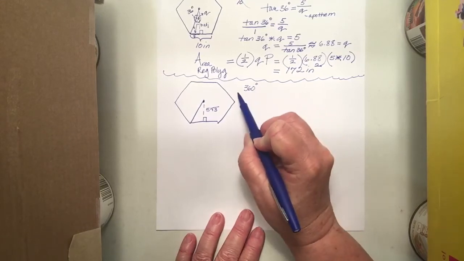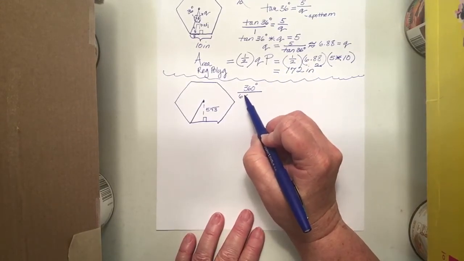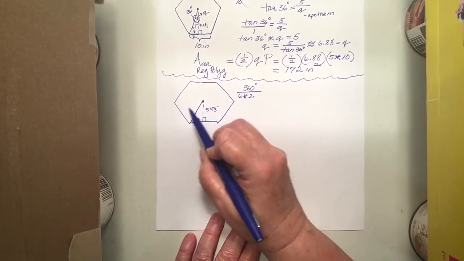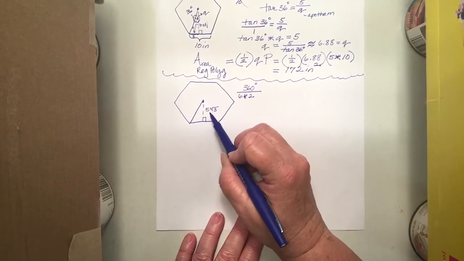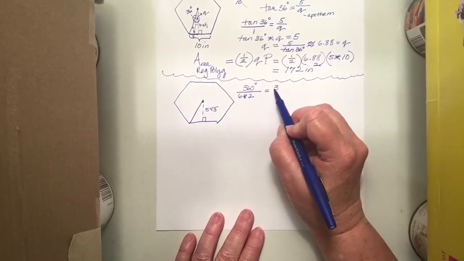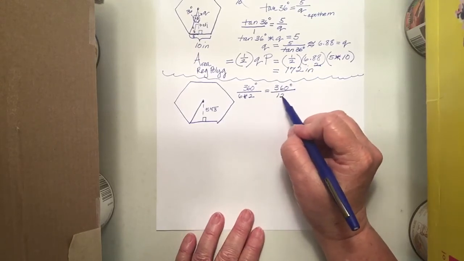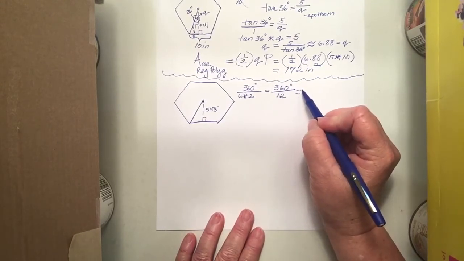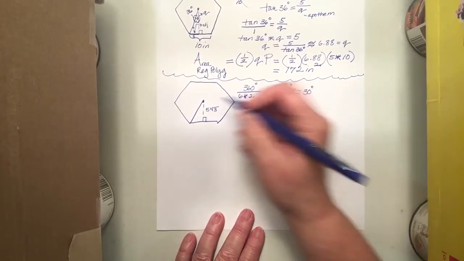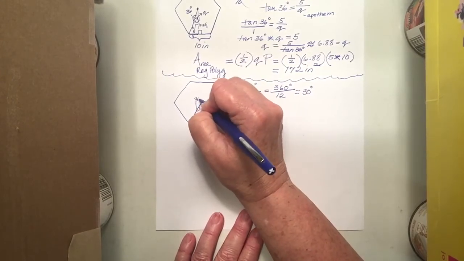This 360 degrees would have to be divided by 6 times 2, because there are 6 individual sides and each side would be faced with 2 triangles. So that's 360 divided by 12. That means the degree measure I'm looking for in this figure is 30. That's 30 degrees here.